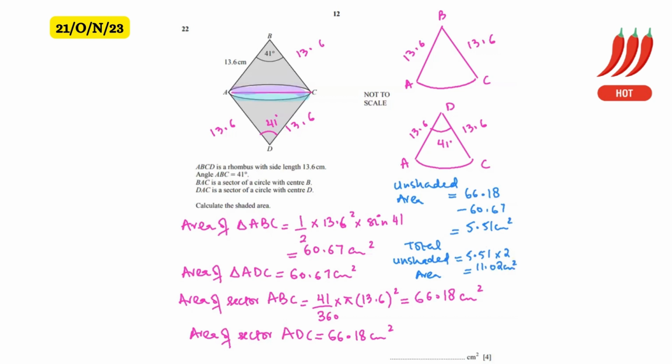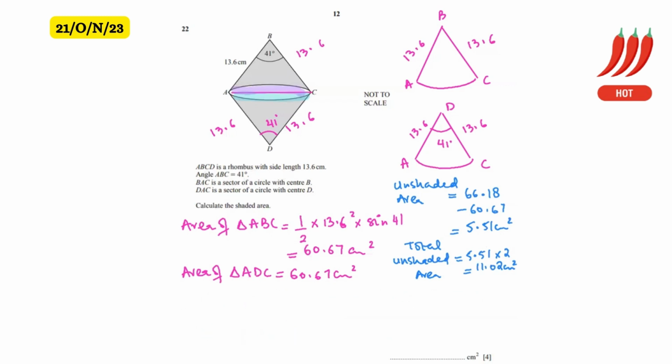Now for the shaded area, I need to remove this over here. Shaded area is going to be twice of 60.67 minus 11.02. That's 110.32 centimeters square, which is your total shaded area.